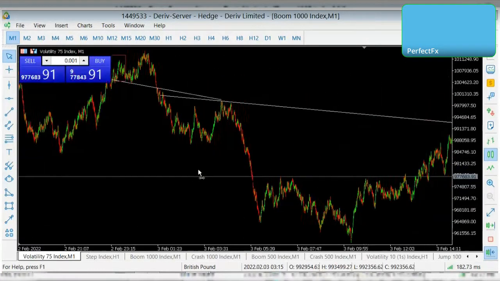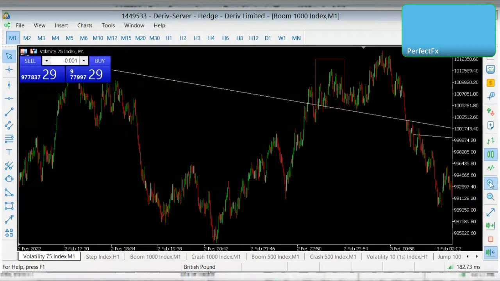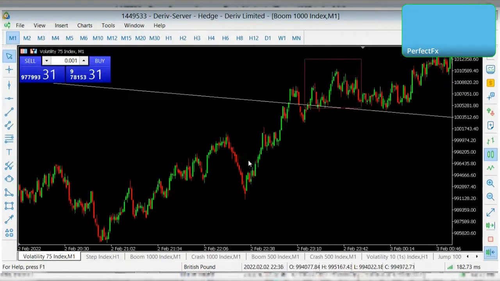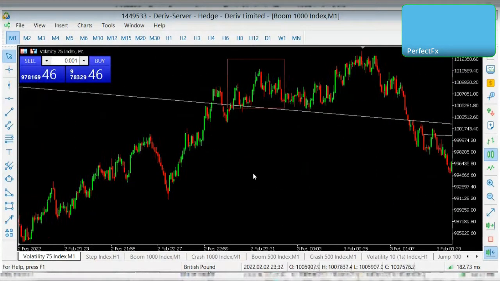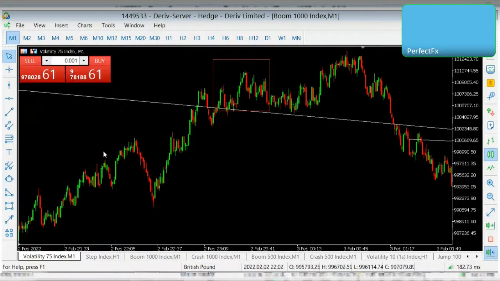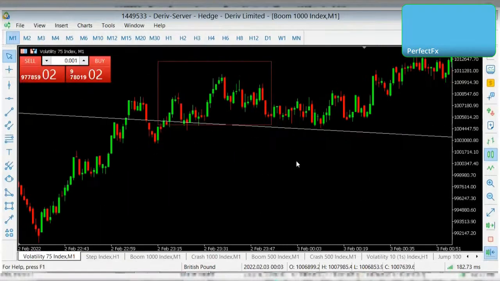Then you go down to the 1 minute time frame for your entry. Now what will you be looking out for on the 1 minute time frame? You'll be looking out for another significant breakout. Did you get that, guys?